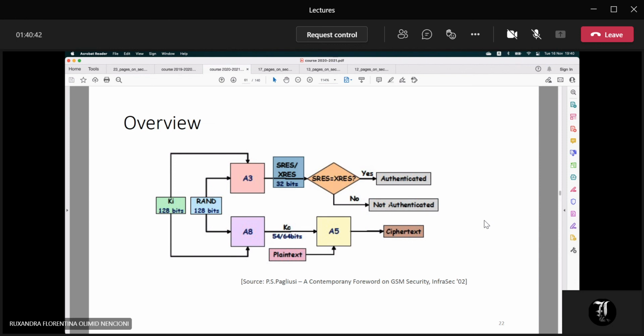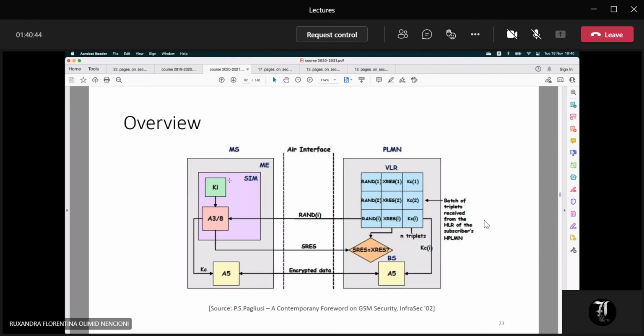This is the mobile station, versus what happens in the core network, in the VLR. Even if I'm visiting, I have these triplets, which can be more for each subscriber. So this is the challenge, this is the expected response, this is the key that you need to use for encryption. They are coming from the home network.